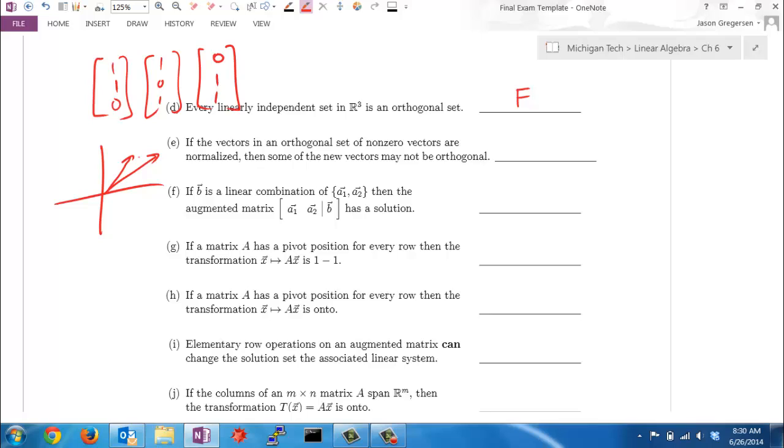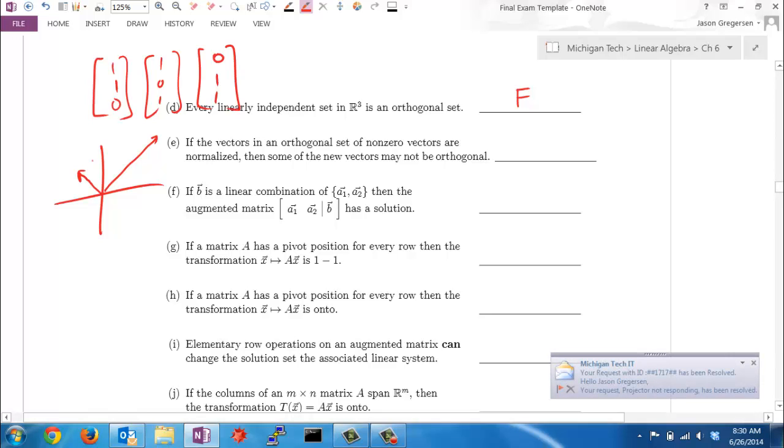All right, if the vectors in an orthogonal set of non-zero vectors are normalized, then some of the new vectors may not be orthogonal. So here we have an orthogonal set, but clearly not orthonormal. They don't all have lengths of 1 here.